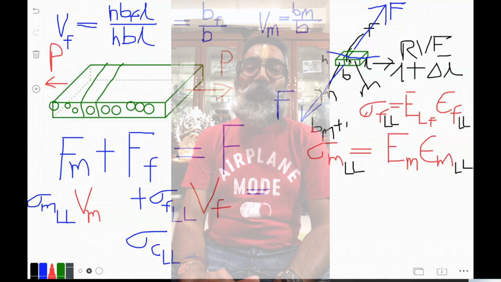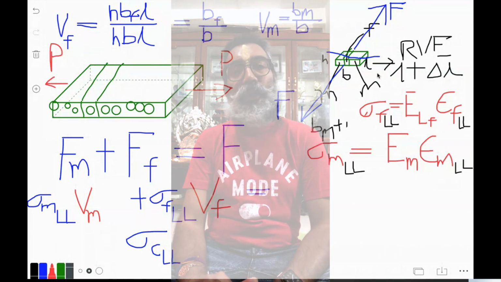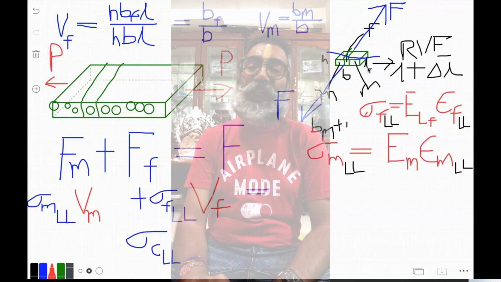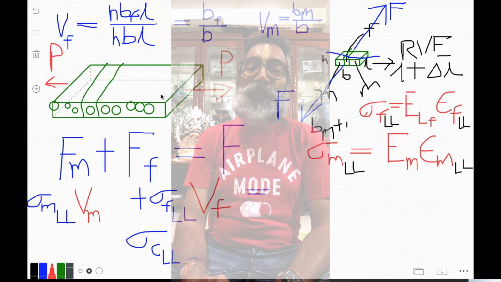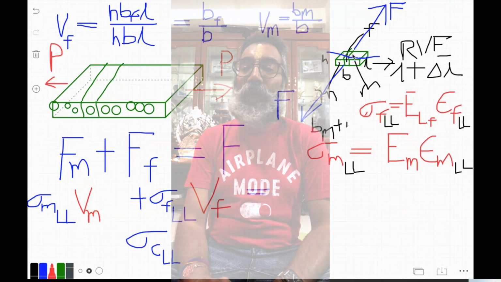In other words, the force is going to be constant whether it's in the fiber, matrix, or the composite, that is the fictitious material, and the displacements are going to get added up, because the amount by which in this direction, the horizontal direction, the fiber is going to extend and the matrix, two portions of it, is going to totally extend, it should be equal to the amount by which the fictitious material, that representative volume element, is going to extend.